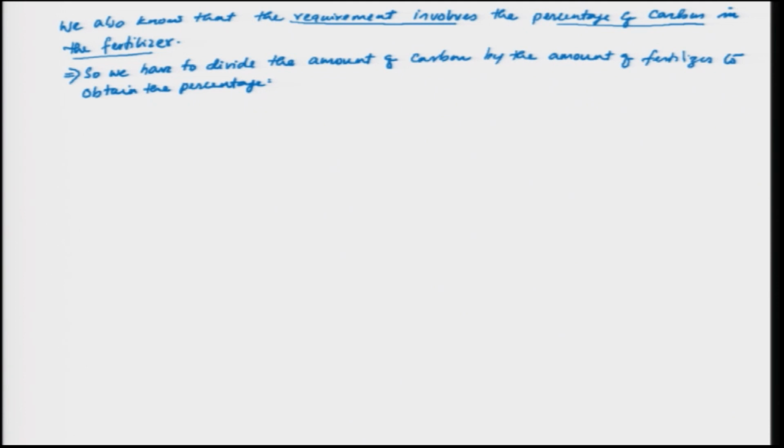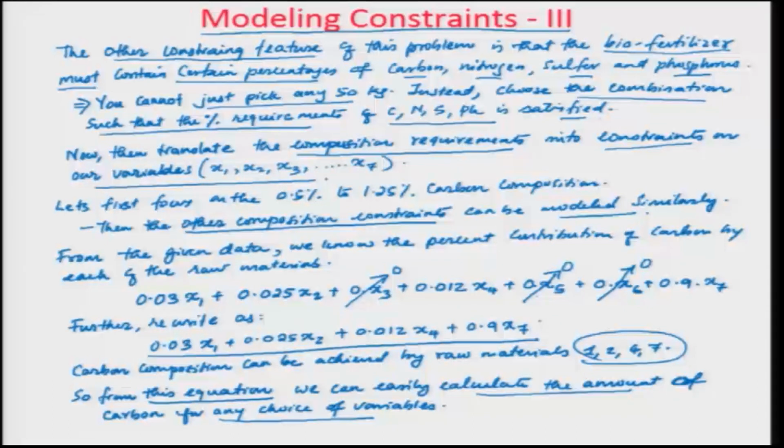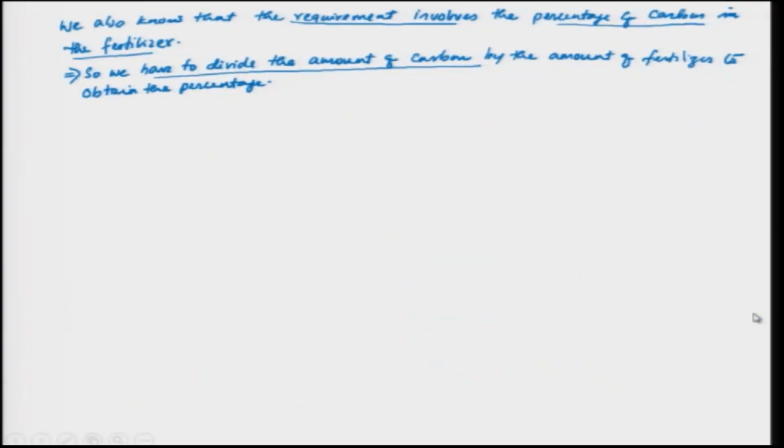So what we are saying here is that we have to divide the amount of carbon by the amount of fertilizer. Where do we get the amount of carbon? We obtain it from here. This is the amount of carbon. This amount of carbon has to be divided by the amount of fertilizer and multiplied by 100, so that we can obtain the percentage. Okay.